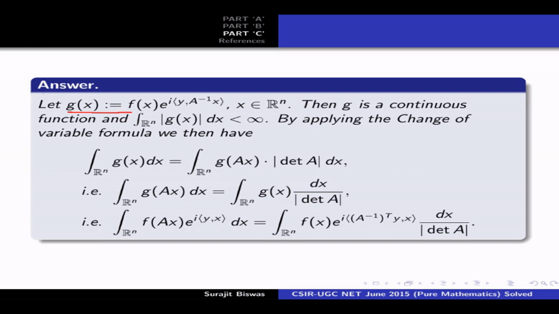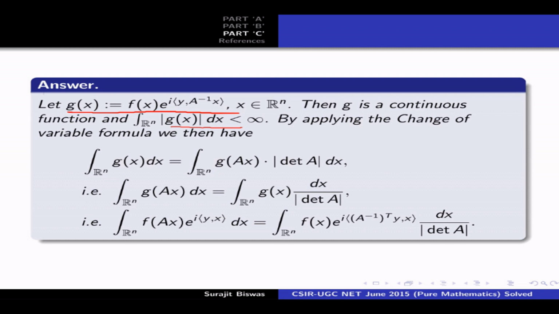So let g(x) = f(x) e^{i⟨y, A^{-1}x⟩} for x belonging to Rn. Then g is a continuous function, and from the L1 integrability of f, we can show that g is also L1 integrable.